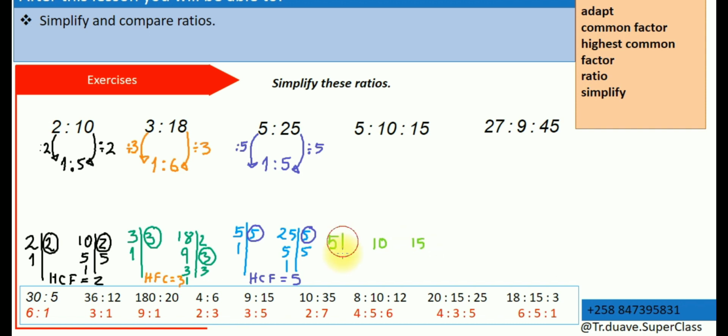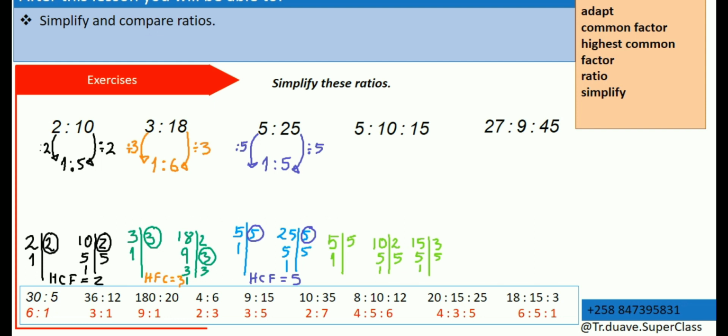5 we divide by 5, the result is 1. 10 we divide by 2, the result is 5. By 5, the result is 1. And 15 we divide by 3, the result is 5. By 5, the result is 1. So now which is the highest common factor?